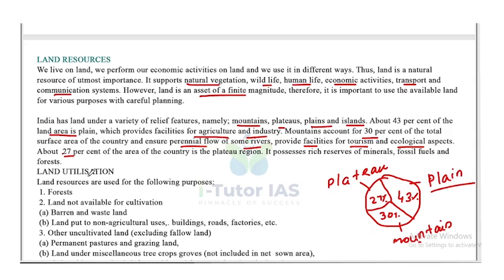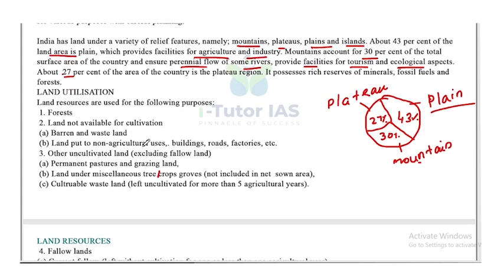Now, land utilization. Land resources are used for the following purposes. First, forest. Then, land not available for cultivation, that is barren and wasteland. Then, land put to non-agricultural uses, that is buildings, roads and factories. So these are the lands not available for cultivation.